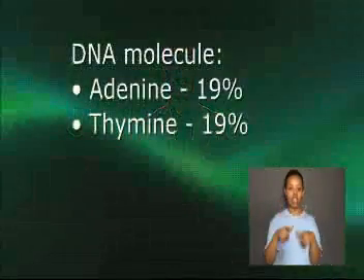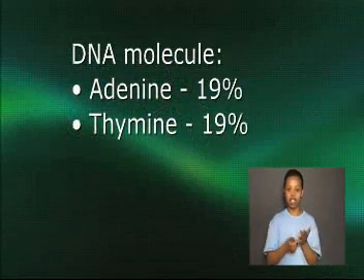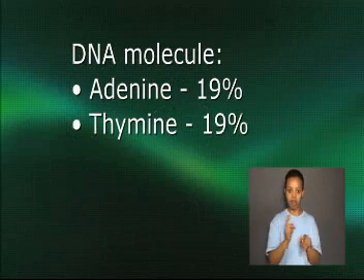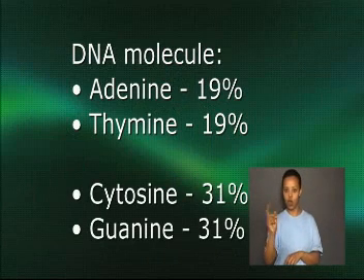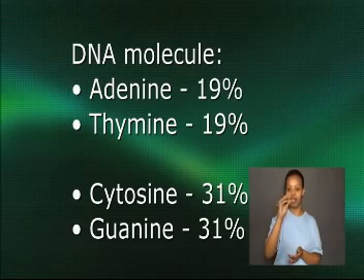But we know that the remainder must be made of cytosine and guanine, and they must be present in equal quantities. 62 divided by 2 is 31, which is both the percentage of cytosine and of guanine in the DNA molecule. Good work.